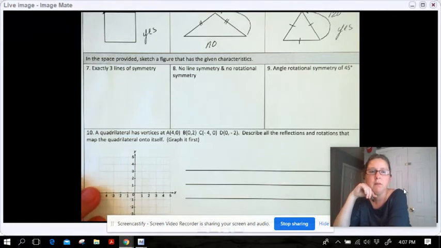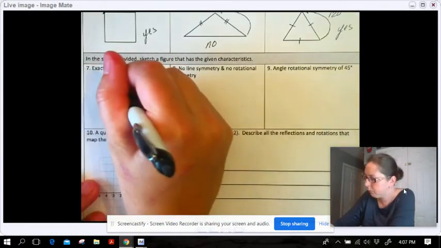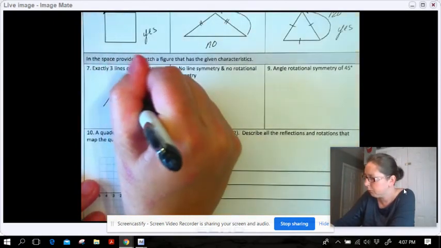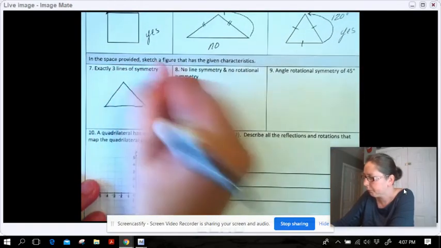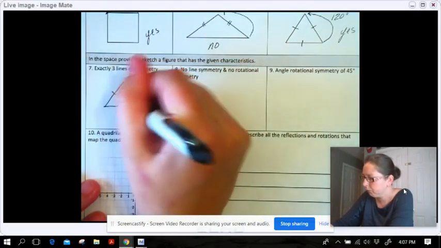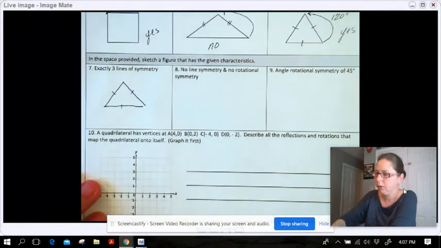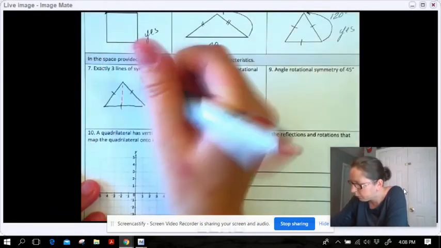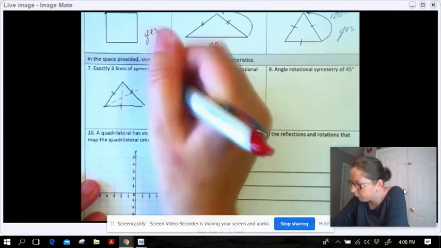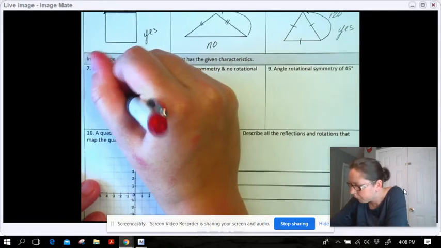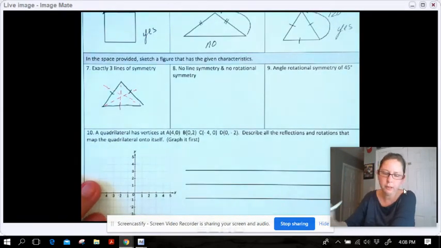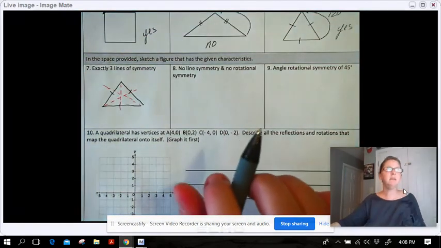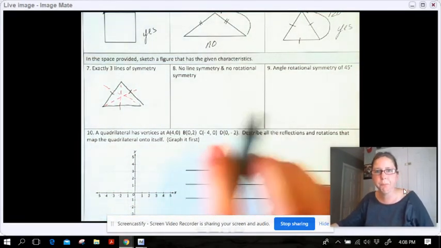So go ahead and pause the video and draw a figure with exactly 3 lines of symmetry. All right, and I have drawn an equilateral triangle that has exactly 3 lines of symmetry in it.